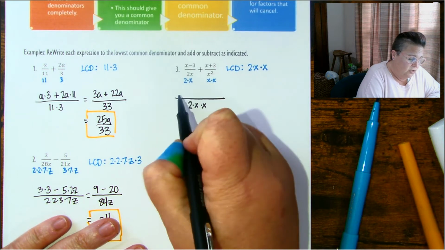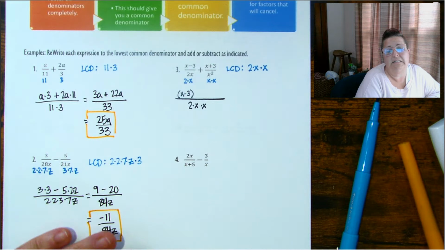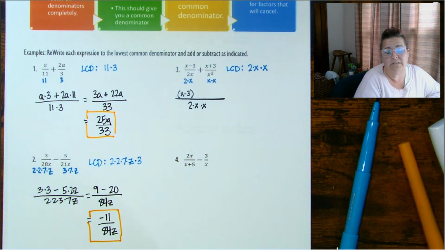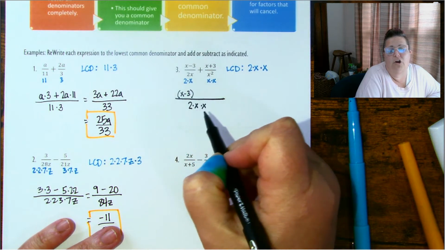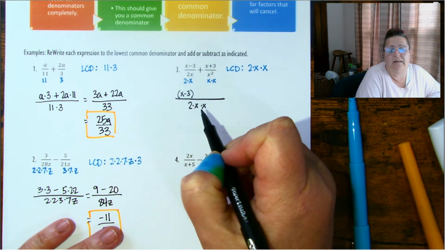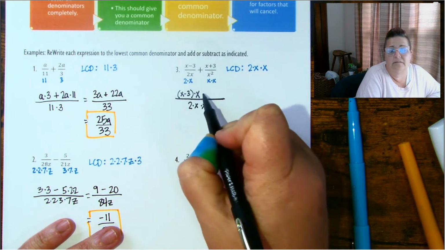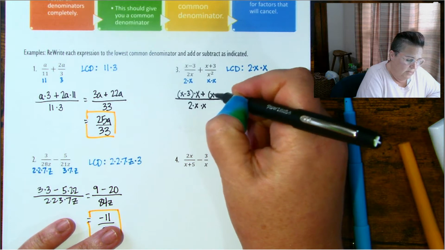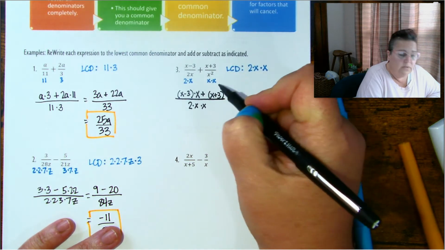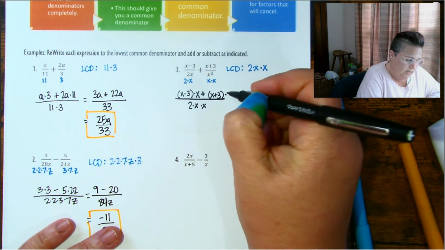I'm going to take my initial numerator, which is (x minus 3). Notice I'm using parentheses because that numerator goes all together. It was over 2x. Out of my current common denominator, I am missing an x. So I'm going to multiply by x. My second numerator is (x plus 3). That was over x times x, which is missing the 2. So I'm going to multiply this by 2.